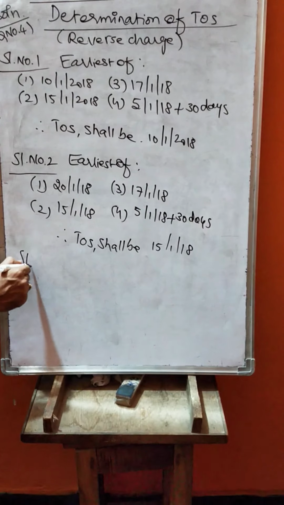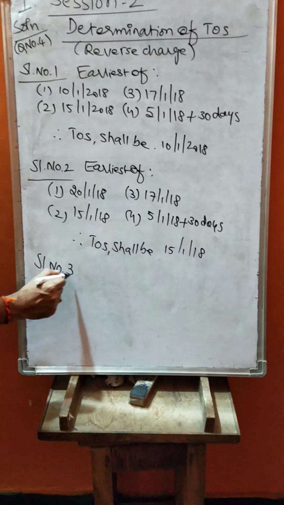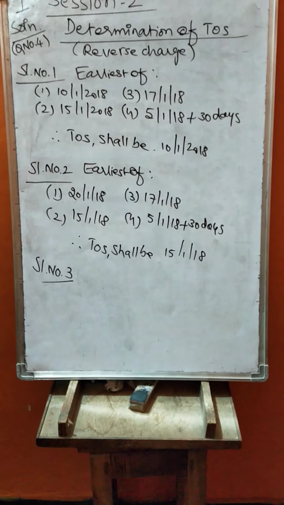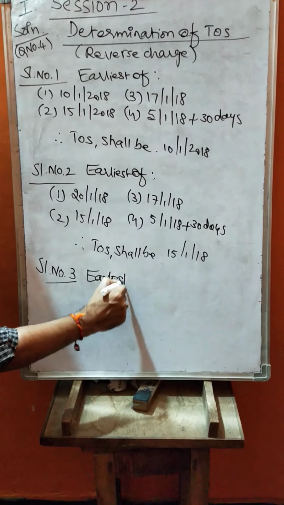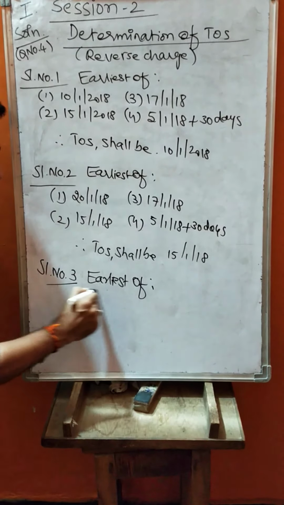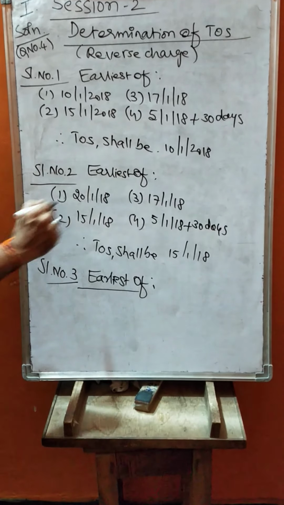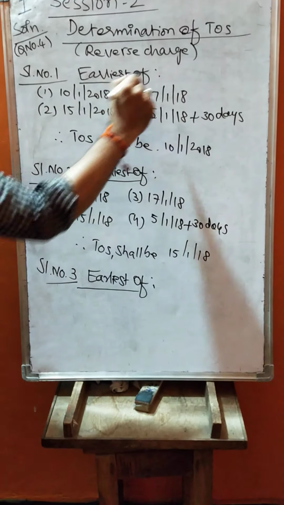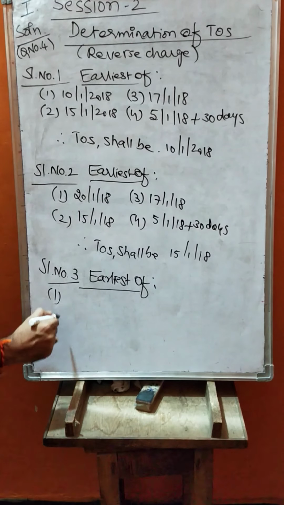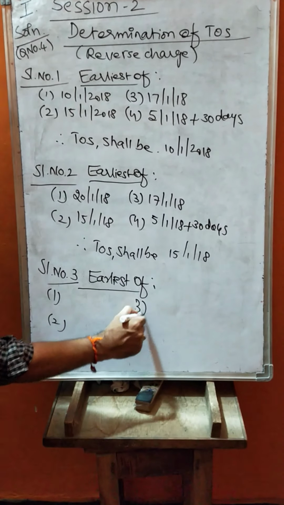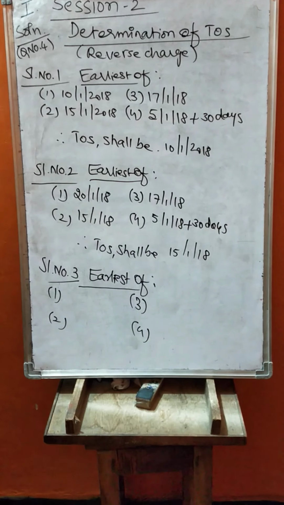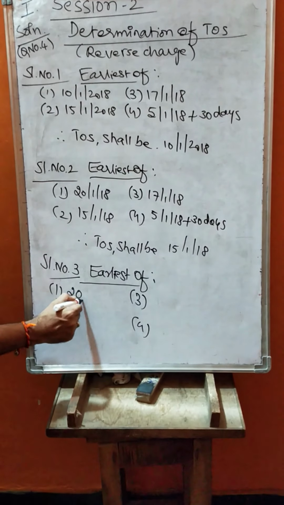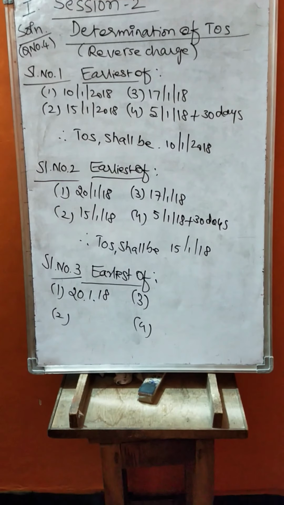Serial number 3. Again there are 4 dates. Earliest of 4 dates: 1, 2, 3, 4. The first date is 20th January 2018.